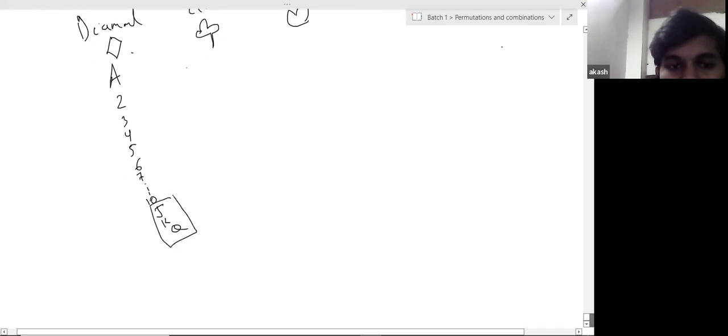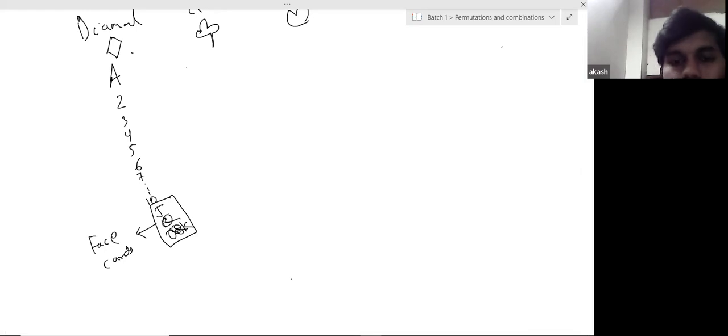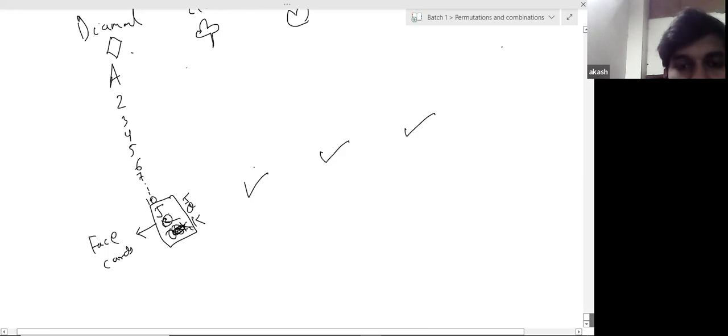This is called face cards: J, Q, and K. So Gautam, how many face cards are there in a pack? No. See, this suit has 3, then this suit 3, this 3, this 3. So in total, we have 12 face cards.